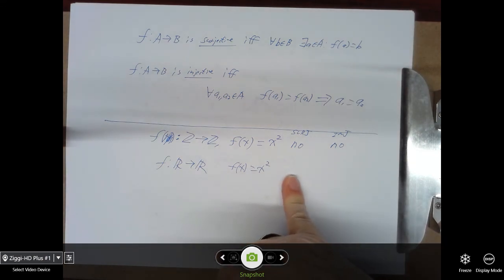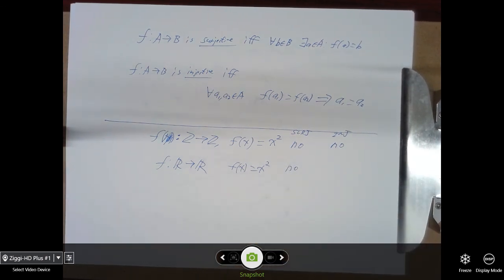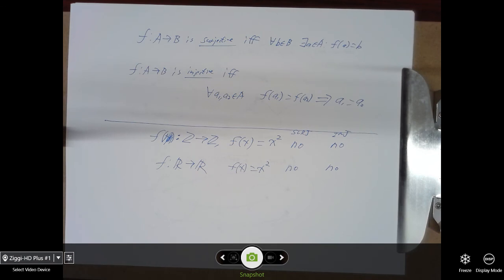There's no real number that maps to -1. So that's still not surjective. Is it injective? Same problem as with integers. -1 and +1 both map to 1. So it's not injective. If we went to complexes, we'd find that it was surjective, but still not injective.